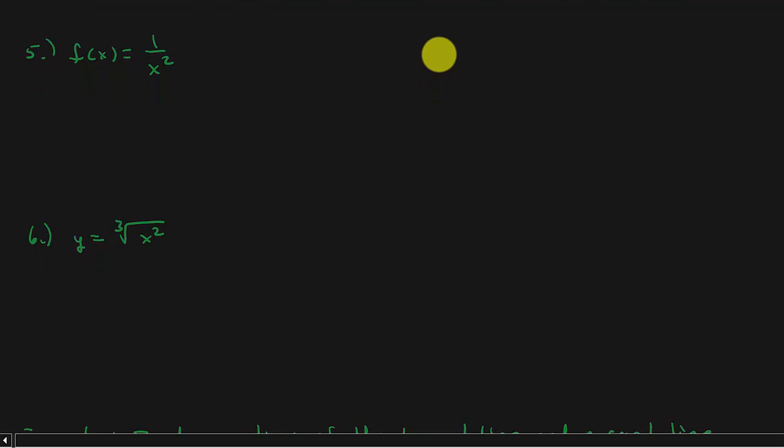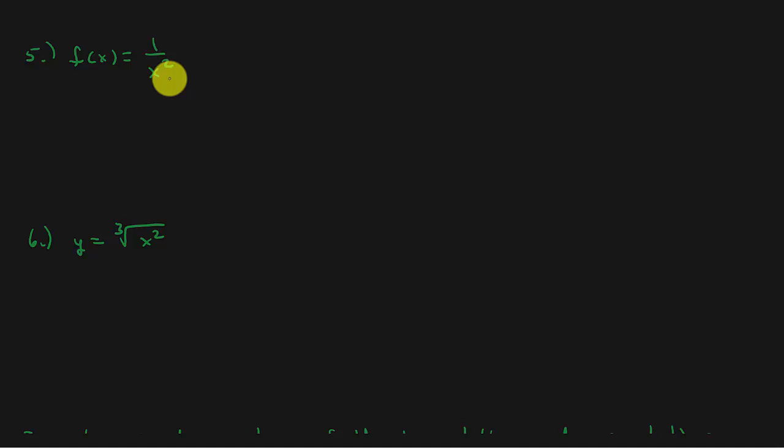All right, now this one. Remember, the only thing we know how to take the derivative of is x raised to a power. We've got x raised to a power, but it's in the denominator. That's the problem.